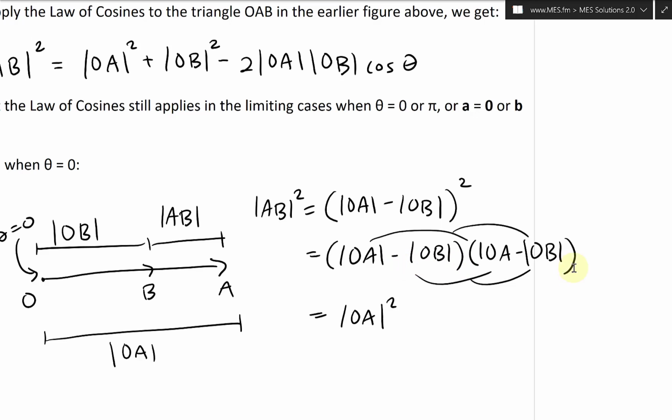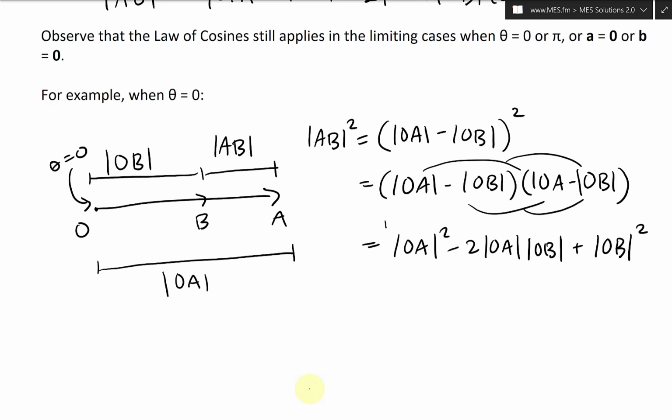And then inside here is going to be negative 2, because you're going to have this one times this, then this times this. You're going to have OA times OB. And then we're going to do the same thing, OB times OA. We're going to have 2 OA times OB. Like that. And finally, this one multiplied by this, negatives cancel, becomes plus OB squared. So again, this is basic FOILing out. All right, so that's what we have there. That's what our AB squared is.